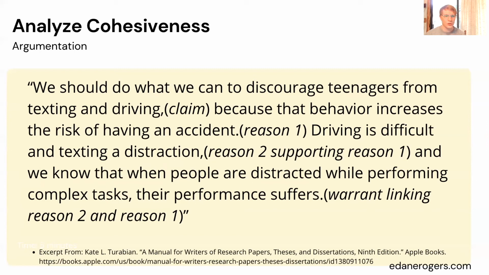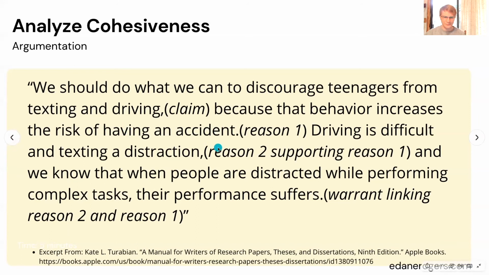So we should do what we can to discourage teenagers from texting and driving. So there's her claim, we being the A, and discourage teenagers from texting and driving being the B. Because that behavior, in the first sentence was from B, texting and driving. So she's got an A, B, B, C. That behavior increases the risk of having an accident.